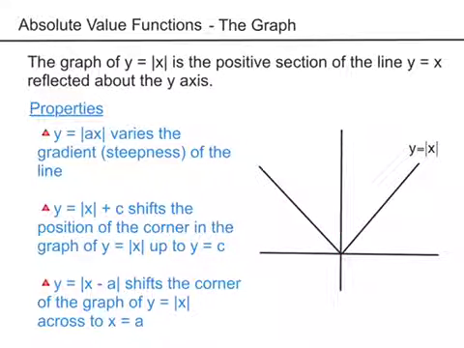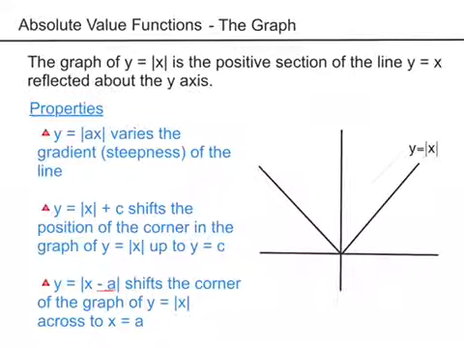And finally, adding a value inside the absolute value brackets, such as the negative a shown here, will shift the function across the x-axis. Remember, to find the x-intercept, we set y equal to 0 and solve the equation to find the x value at that point.